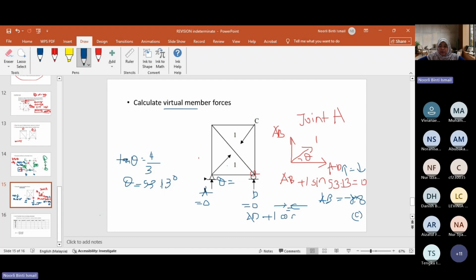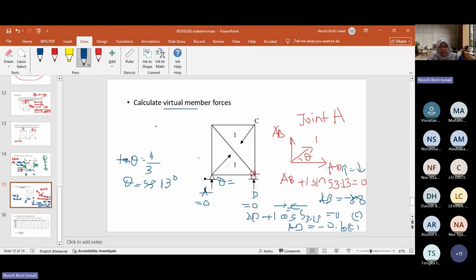So that cos 53.13 equal 0. So AD will be negative 0.6. C lah, C. Compression because negative. Nampak?